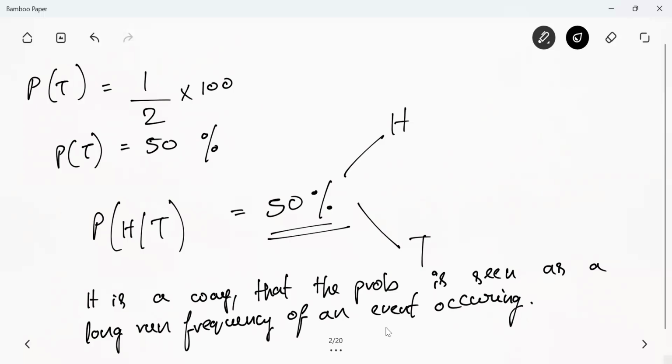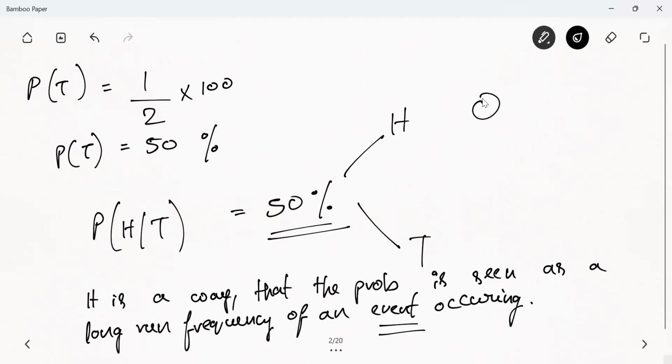Imagine flipping a coin is an event, and if you want to measure the probability, it will be seen as a long run frequency. What is the meaning of this long run frequency? Nothing but you have to repeat that event multiple times.